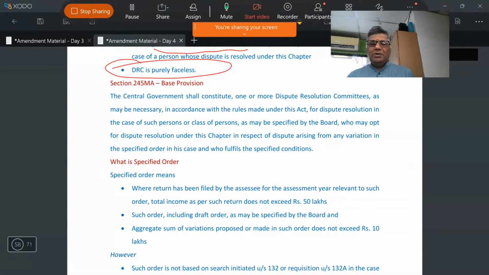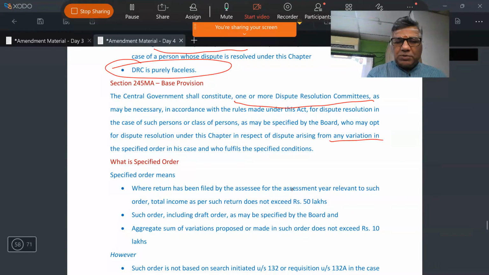Okay, friends, the questions are things: specified order, specified person. The central government shall constitute one or more dispute resolution committees in every area, with jurisdiction or group of jurisdictions as may be necessary in accordance with the rules, for dispute resolution for such persons or classes of persons as may be specified by the board, who may opt for dispute resolution under this chapter in respect of disputes arising from variation in any specified order, and who fulfill specified conditions.